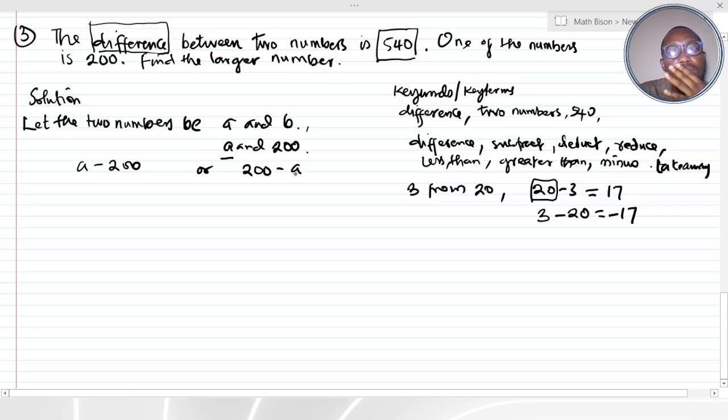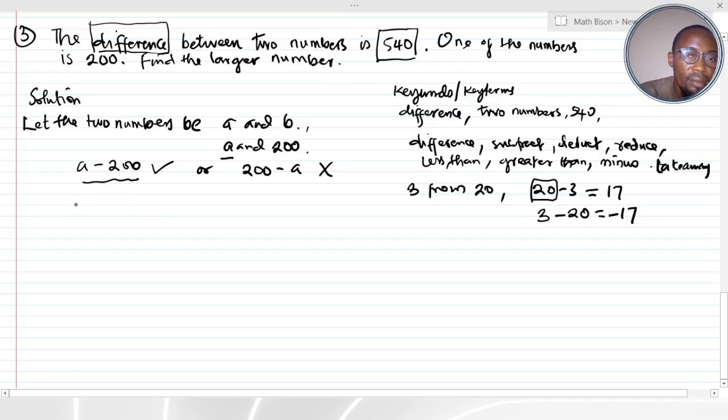The difference between two numbers is 540. One of the numbers is 200. Find the larger number. So 200 minus A will be wrong, but A minus 200 will be correct, because this is the only one that gives us a positive difference, which is in this case 540.